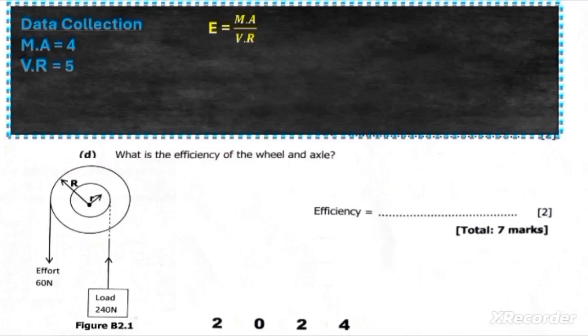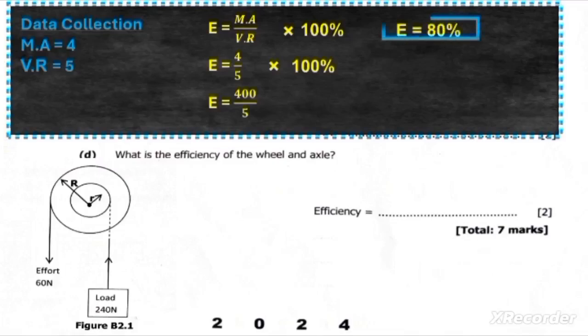So efficiency is equal to mechanical advantage divided by velocity ratio times 100%. We have mechanical advantage, which is 4, divided by 5 times 100%. We are going to get 400 divided by 5. We are going to have efficiency, which is 80%. So therefore, efficiency is equal to 80%.